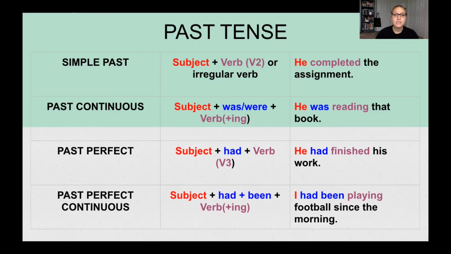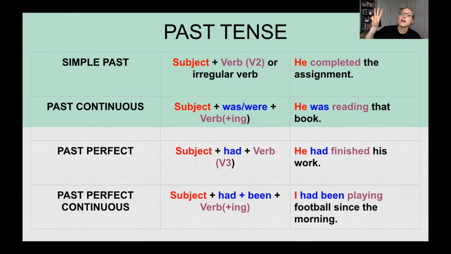Alrighty, so let's get to past perfect continuous, which we have our subject, and now we get into two helping verbs, had and been. The had can change into has, have, had. Been is going to stay been.